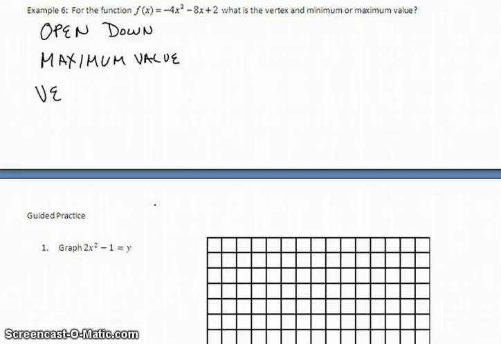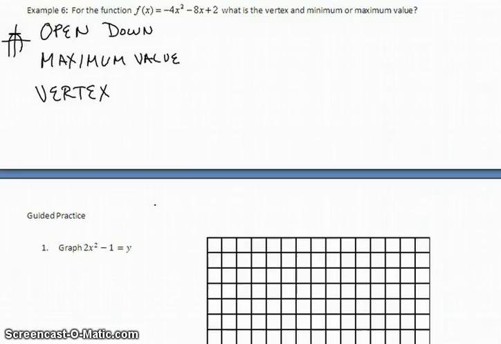And then I'll need to know my vertex. So because we open down, my graph will look like this, and I will have a value of y on that vertex that will be the highest value of any of my y values.